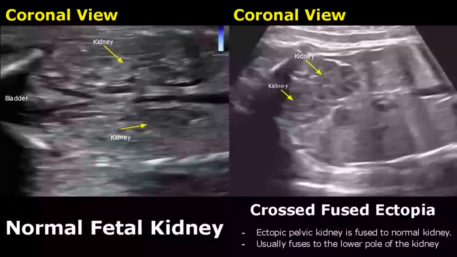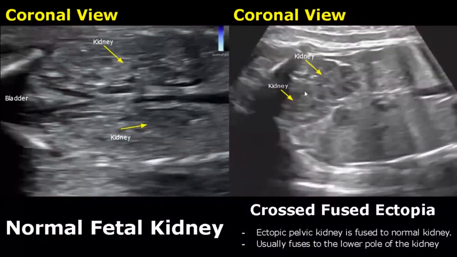The pelvic kidney may fuse with the lower pole of the normal kidney, and this condition is called crossed fused ectopia. Here you can see the fusion of two kidneys.